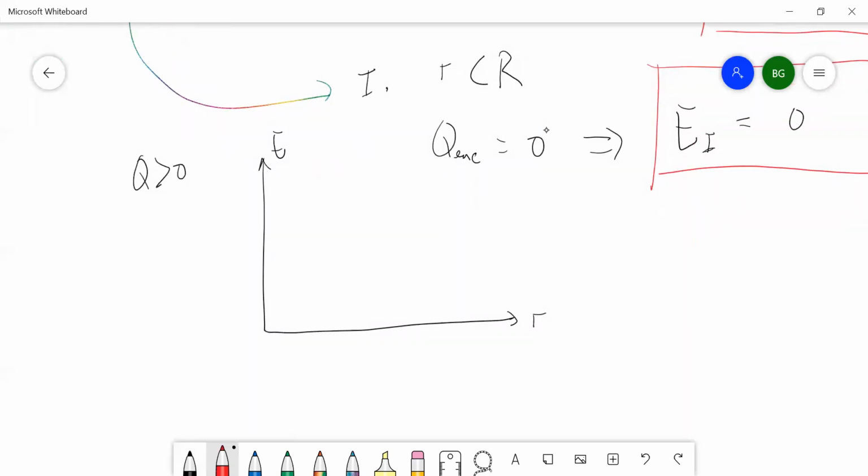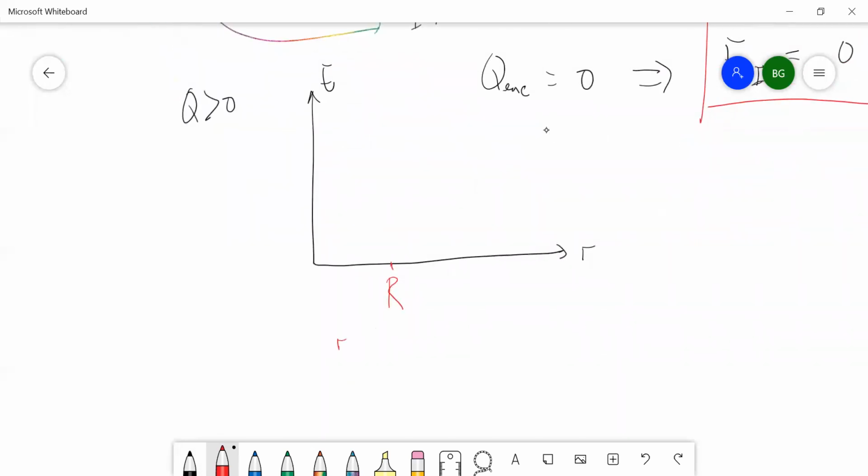As you see, capital R here is the radius of the sphere. It means that for r less than capital R, E is 0. And then this is Q over 4 pi epsilon 0 capital R squared. Sorry, this is only Q in the numerator.